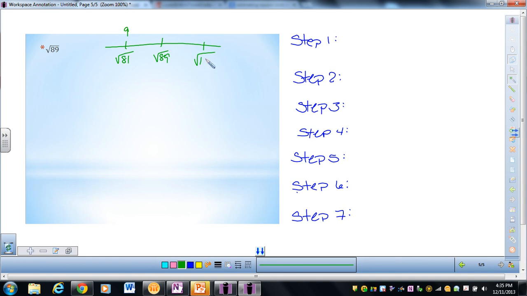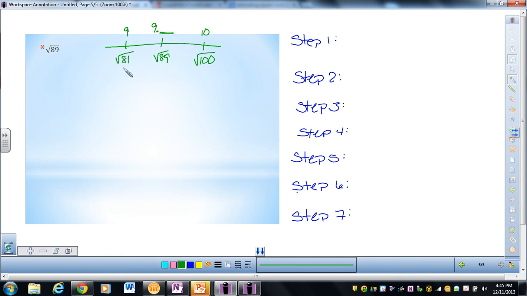I also know that 100 is a perfect square and that the square root of 100 is 10, and that is pretty close. And I know that I need to find the square root of 89, which falls between 9 and 10. So my answer is going to be 9 point something, and I just have to figure out what that is.